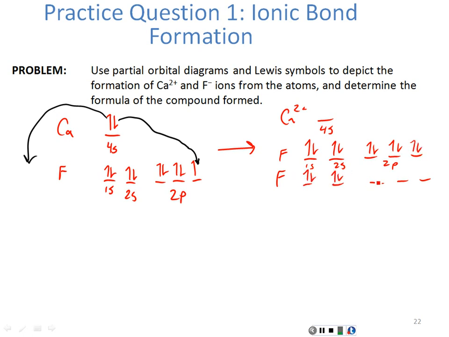And I didn't fill that according to Hund's rule, so I'll do that. Make sure I do it this time. Okay. So that would be partial orbital diagrams.